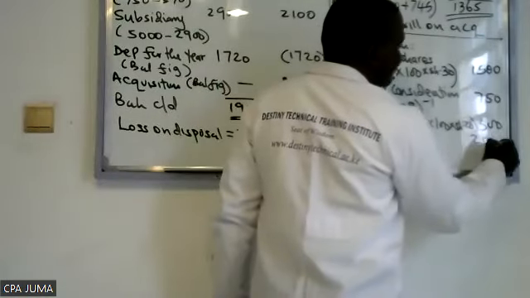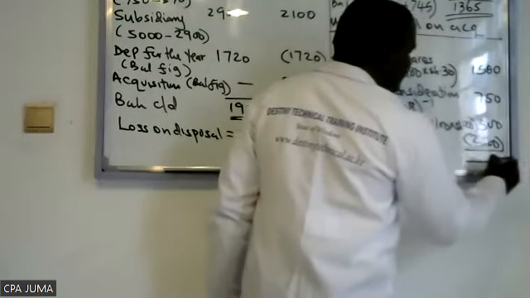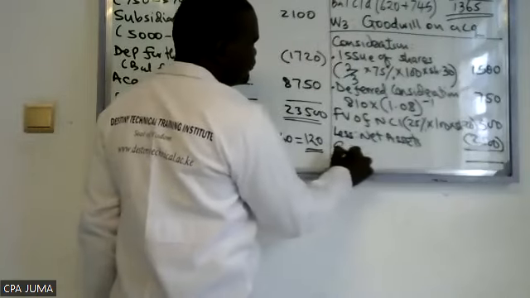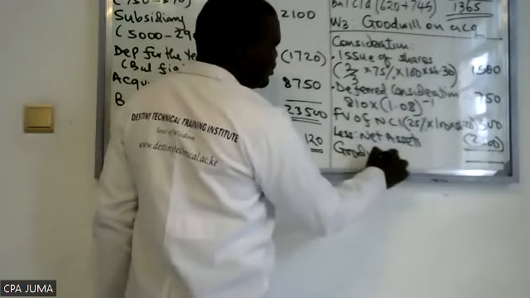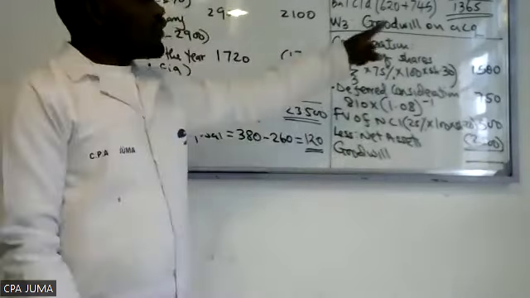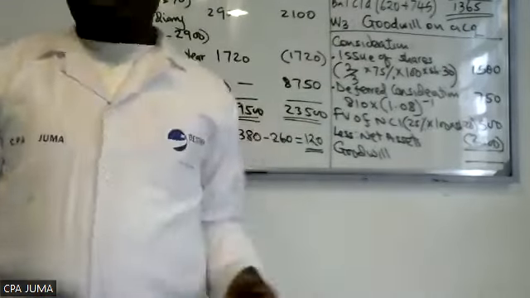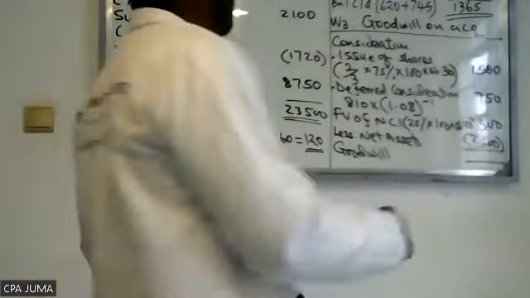So net assets is 25, meaning that goodwill will be how much? You take that plus that minus 25. That is our goodwill.